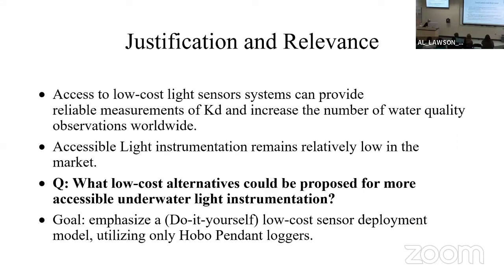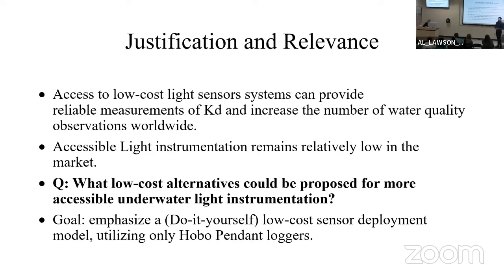All right, so now that we have a brief background overview, we must ask ourselves, what's the deal, right? Why are we doing this? Well, access to low-cost light sensor systems can provide reliable measurements of KD, while also increasing the number of water quality sampling sites worldwide. However, the problem is that access to light instrumentation remains relatively low on the market, where higher-end sensors still remain the standard.